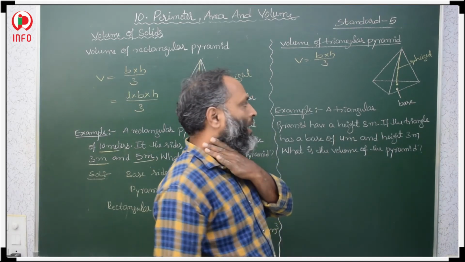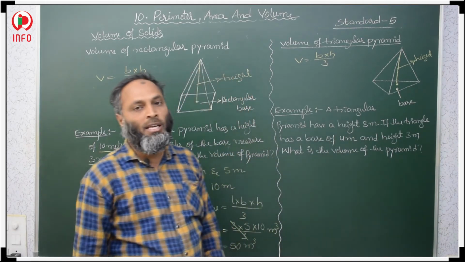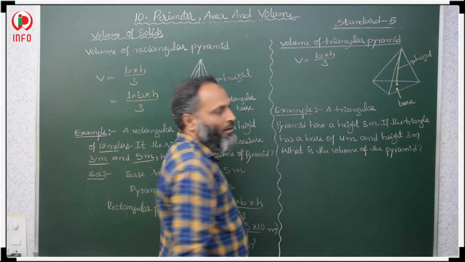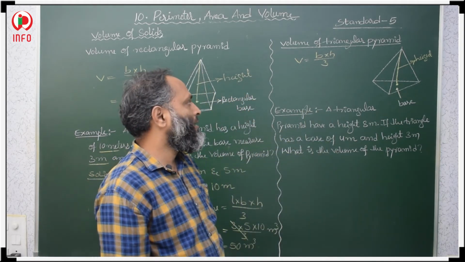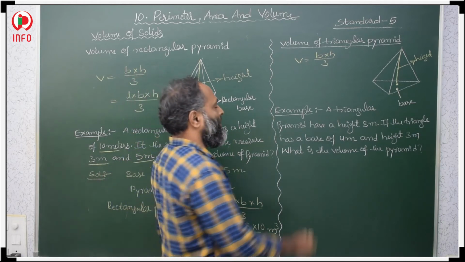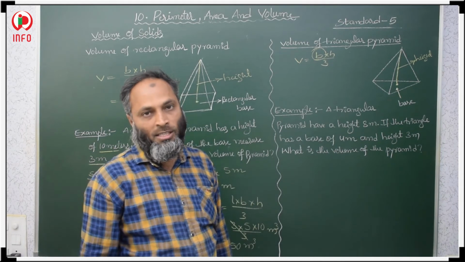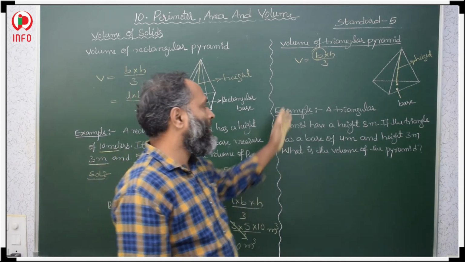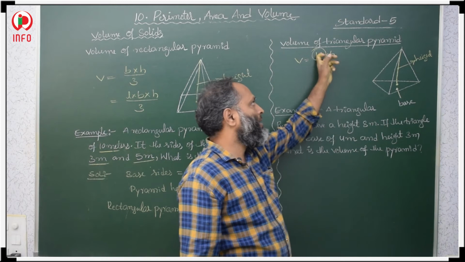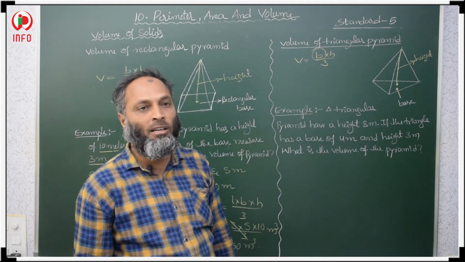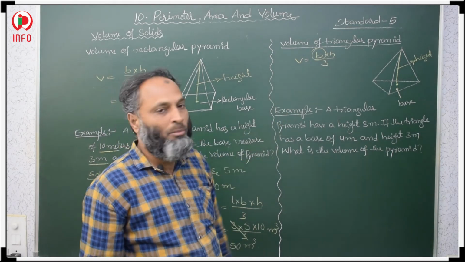Base area is in triangular shape, so the area of a triangle formula is half into base into height. First we have to find the area of the triangular base, so that we multiply with height and divide with 3, then you will get the volume of a triangular pyramid.